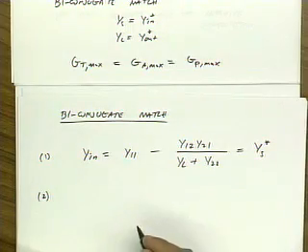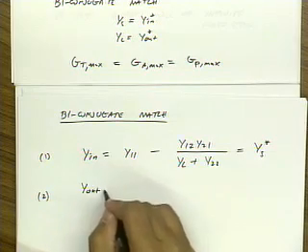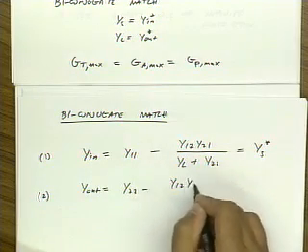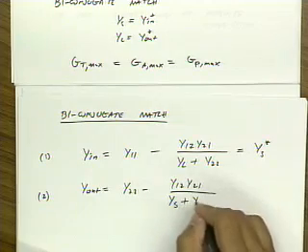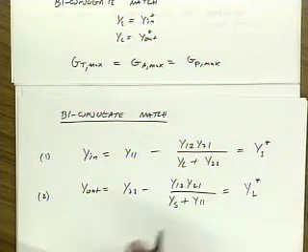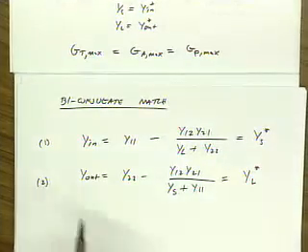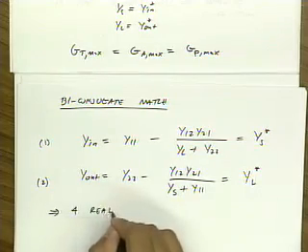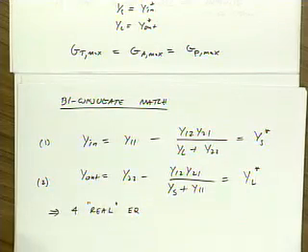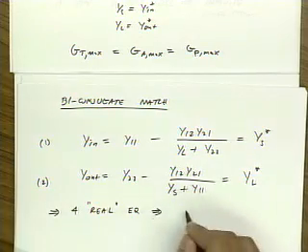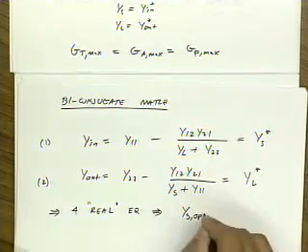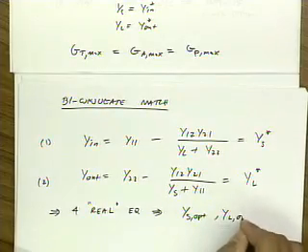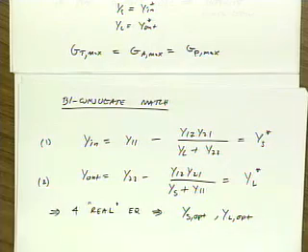Likewise, Yout, which is Y22 minus Y12 Y21 divided by YS plus Y11, we set equal to YL complex conjugate. Even though this is only two equations, it's really four real equations, because these are complex quantities, and we can solve for the unknowns: YS opt, real and imaginary part, and YL opt, real and imaginary part. You can do that, and what you'll find is several painful pages of algebra.